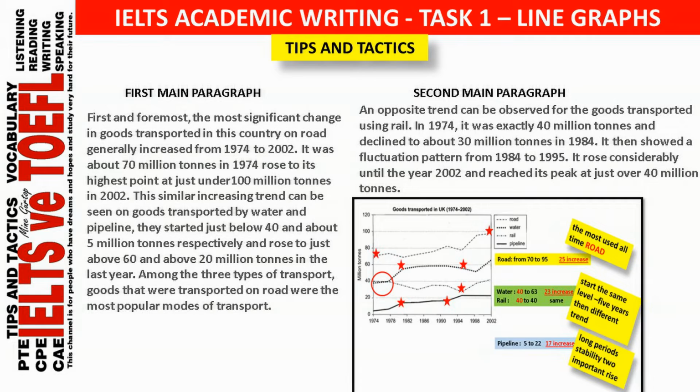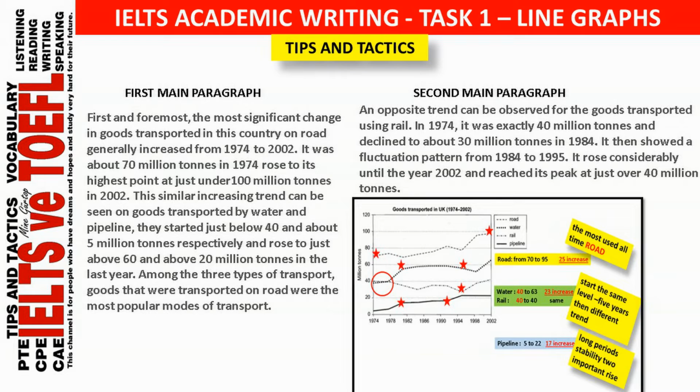First and foremost, the most significant change in goods transported in this country is that road transport generally increased from 1974 to 2002. It was about 70 million tons in 1974, and rose to its highest point at just under 100 million tons in 2002.